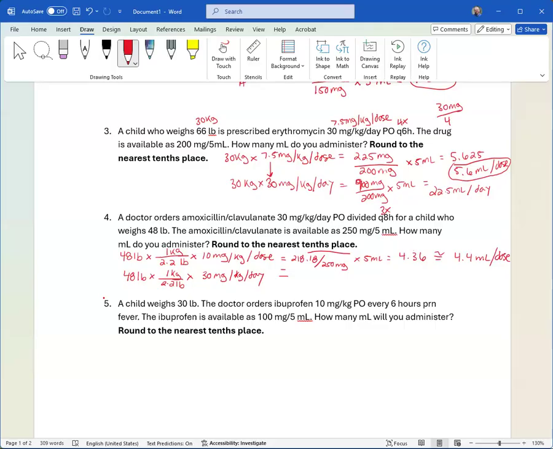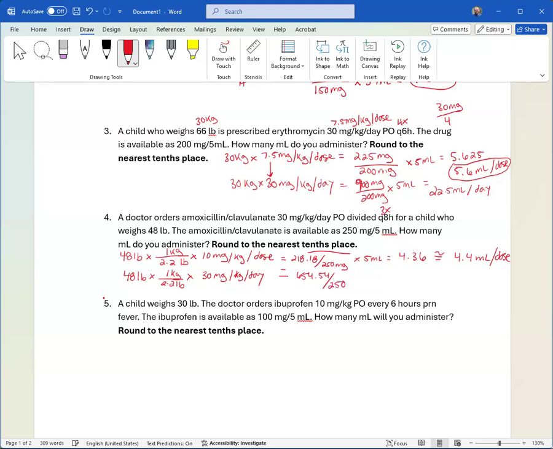And then if they were actually asking for the per day, I'm going to go back: 48 divided by 2.2 times 30. And this is where I get 654.54 repeating. And again, I'm not going to write these out. I'm just going to leave it in the calculator.